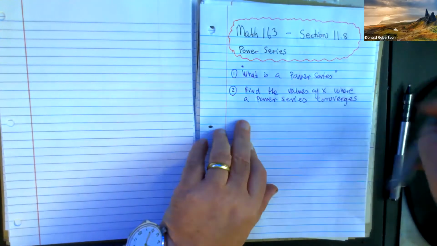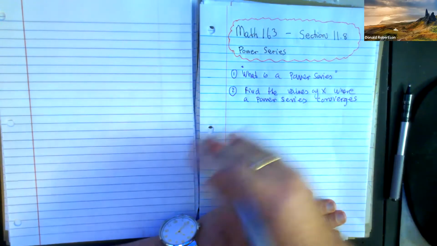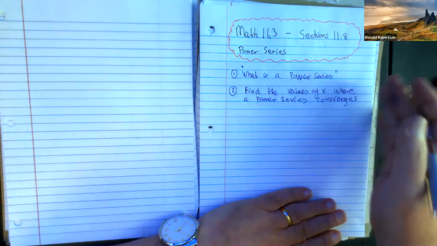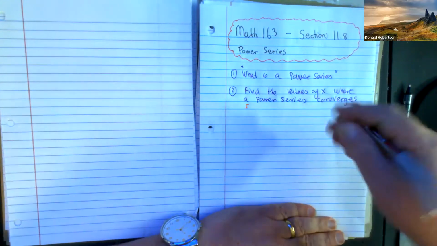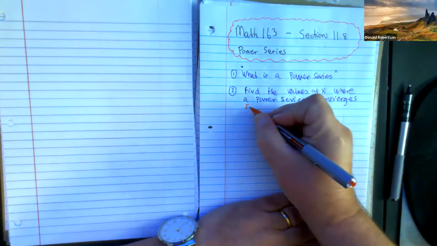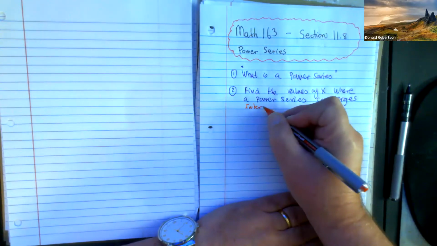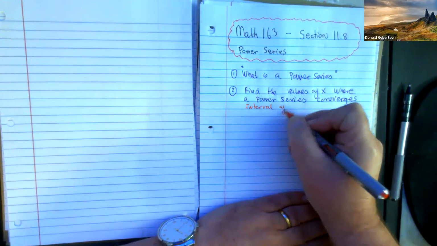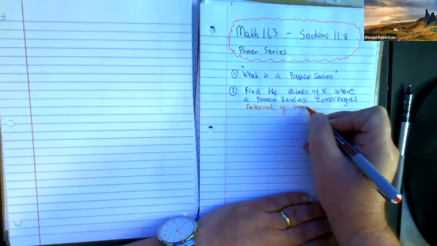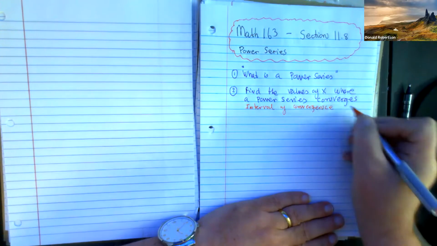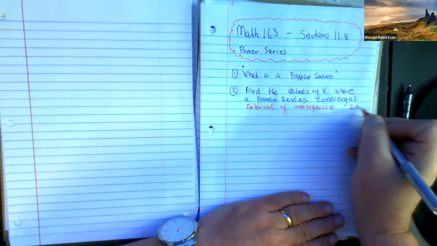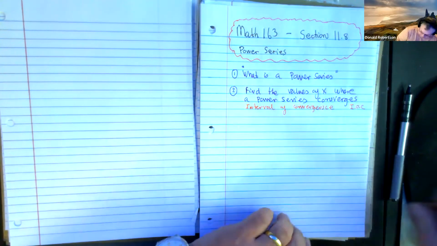And we call that interval of x's, because it will be like all the x's from 0 to 10 or -2 to +2, we call that range of x's the interval of convergence. So we're going to find the IOC, the interval of convergence.